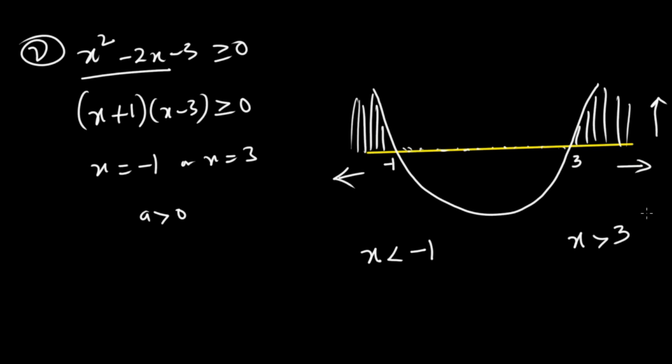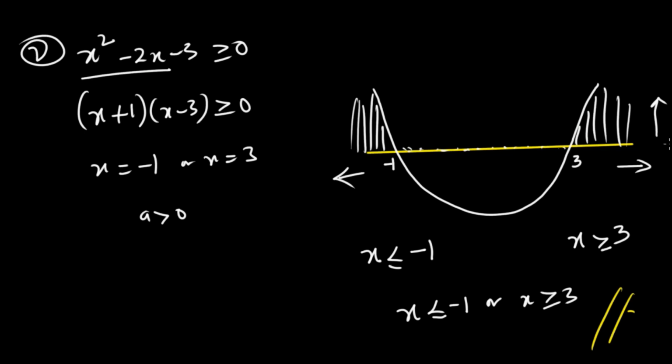So joining this, the solution to the quadratic inequality is simply x less than or equal to -1, or we have x greater than or equal to 3. And here we have the solution to the quadratic inequality.